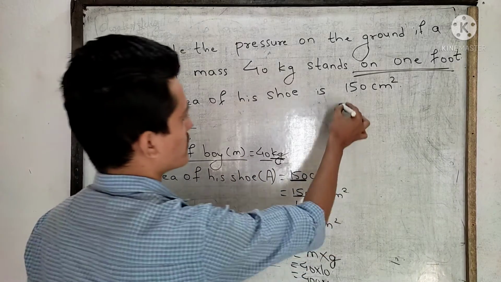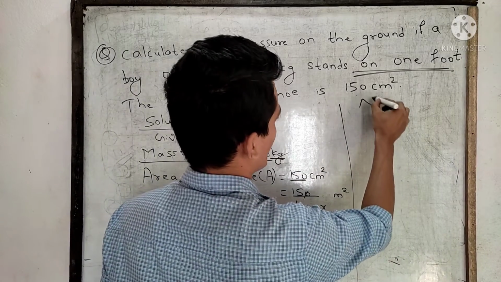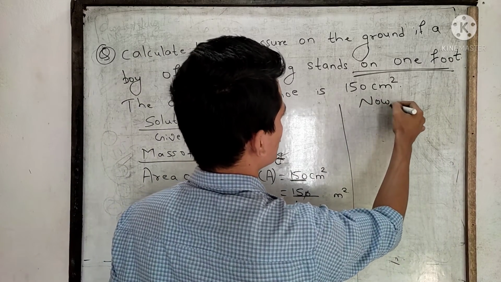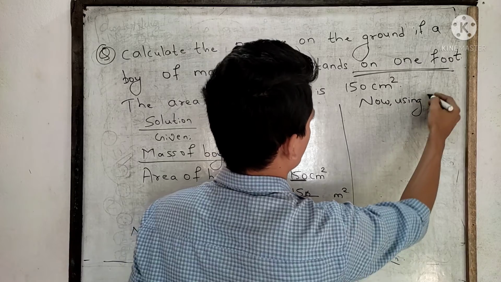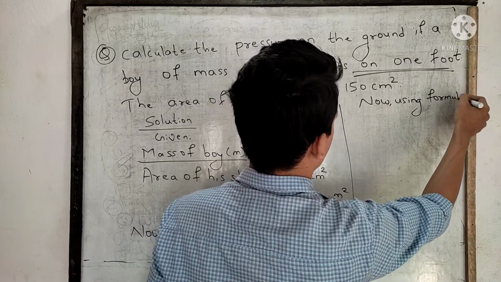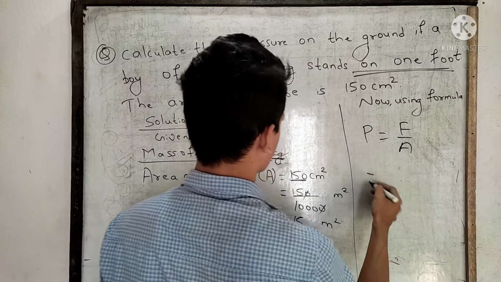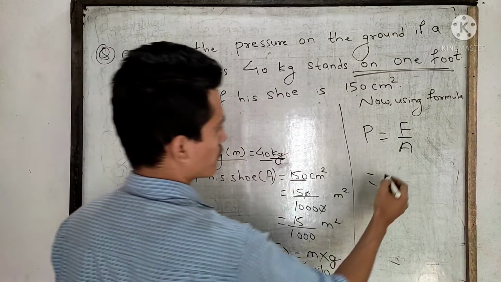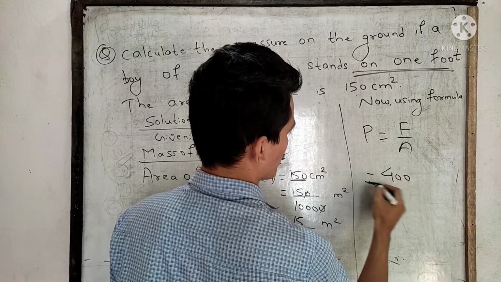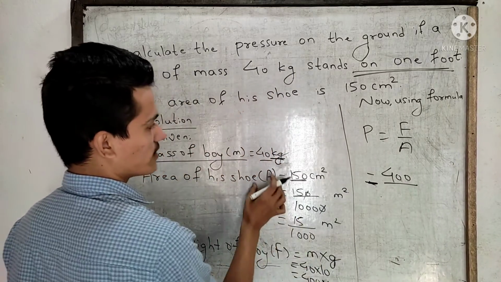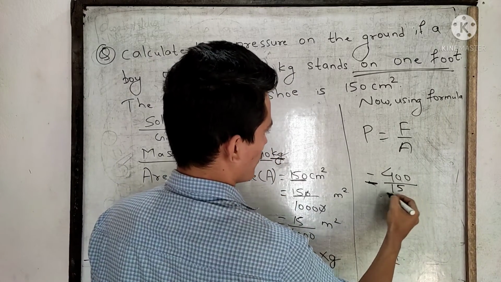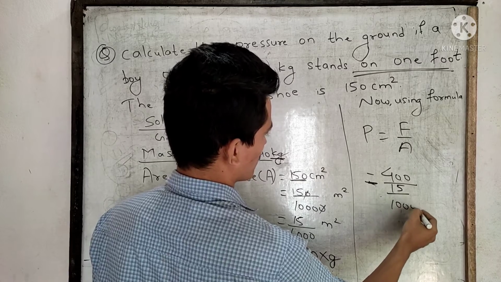We can easily calculate the pressure now using the formula P is equal to F upon A. Force is 400 Newton, and the area is 15 upon 1000.